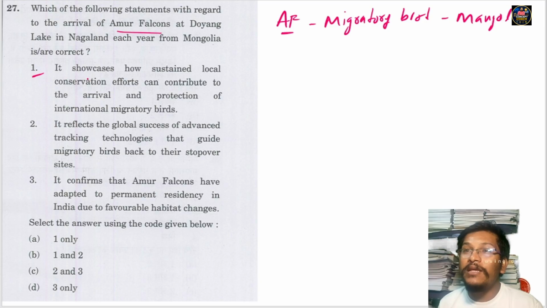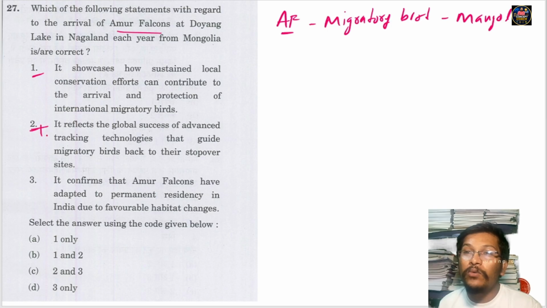The statement number one is that it showcases how sustainable local conservation efforts can contribute to the arrival and protection of international migratory birds. Coming to the second statement, it reflects the global success of advanced tracking technology that guides migratory birds back to their stopover sites.